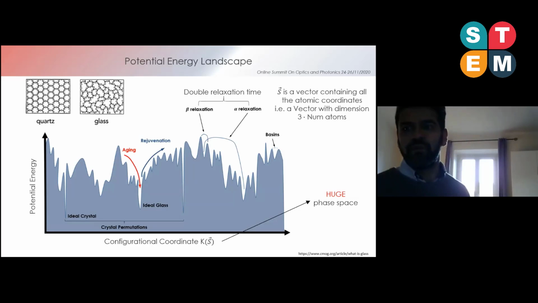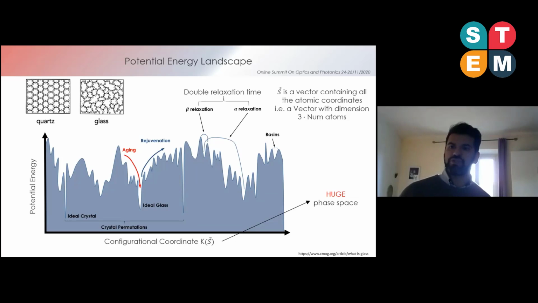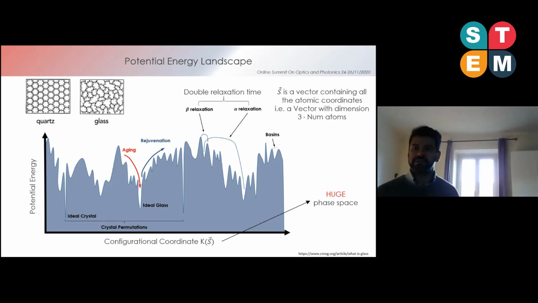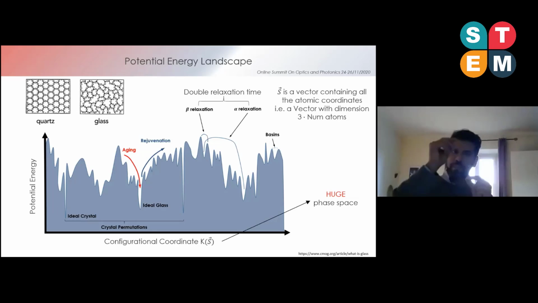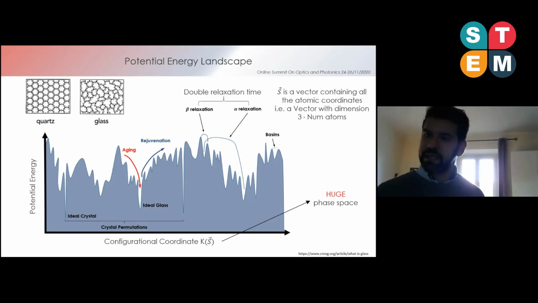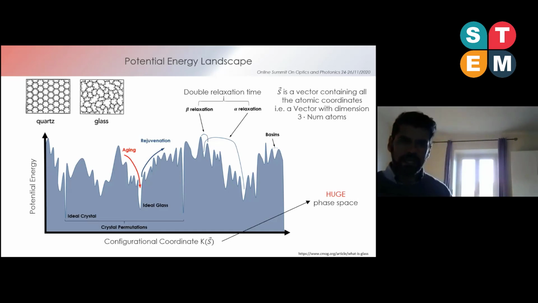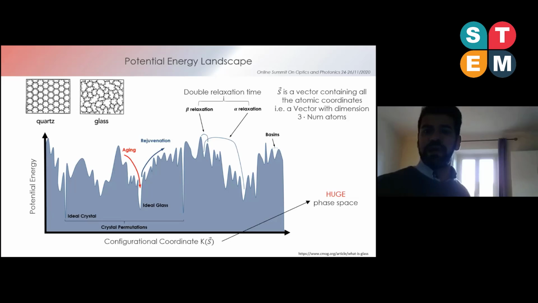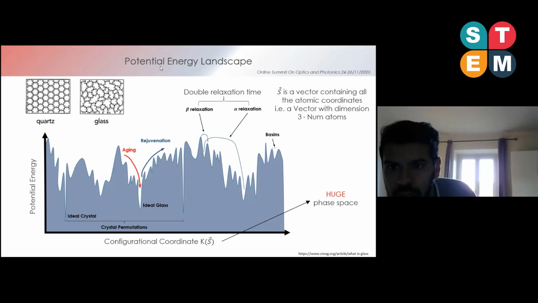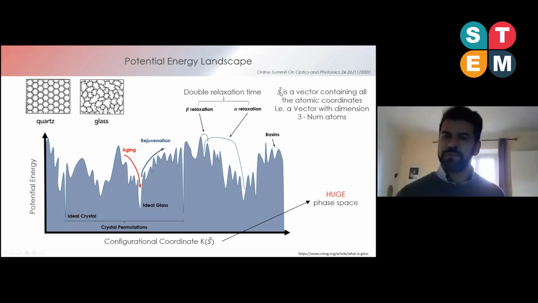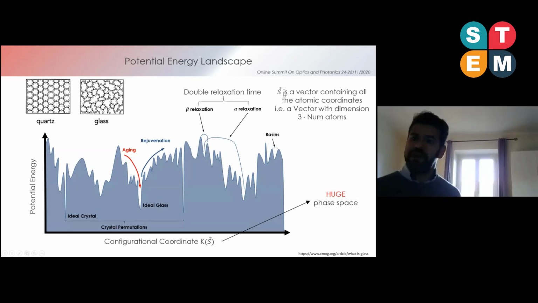Glass is very difficult to treat because atoms have disordered positions, so it is different from the crystalline case, in which you just need to know the position of the individual atoms in order to construct the whole structure. For a glass, you really need the position of every single atom in order to reconstruct the structure. So you need a very large S vector, containing all the coordinates of the glass.